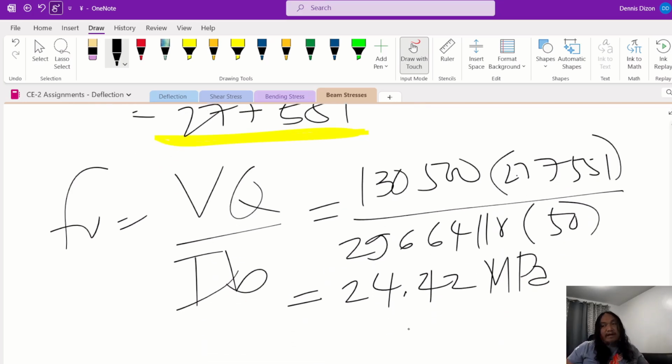Again, we cannot compare this value because we don't have the choices. When he forwarded the question, there were no choices included. So we'll just assume that this is the correct value. But like I said, the procedure is what I showed you. That is the procedure to get the maximum flexural compressive stress and the maximum horizontal shear stress.